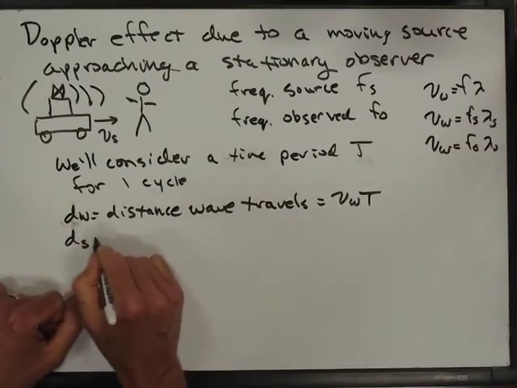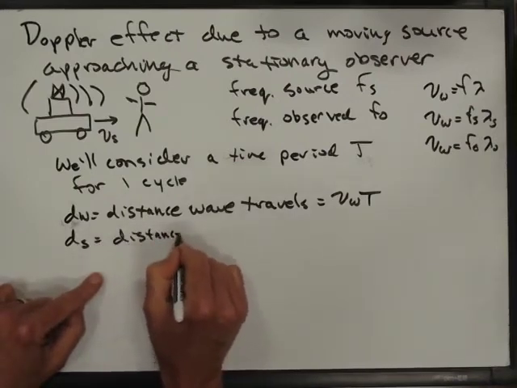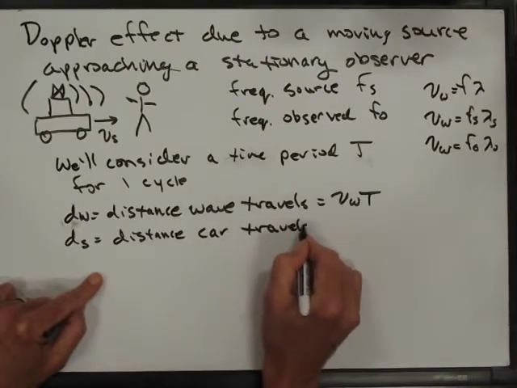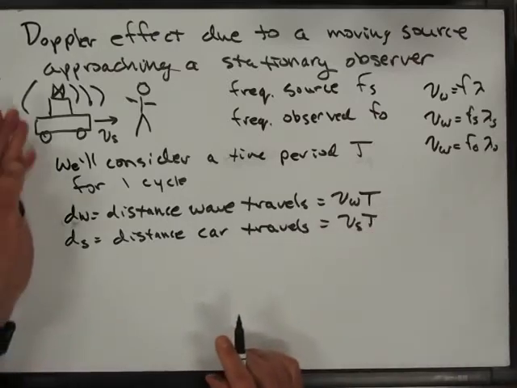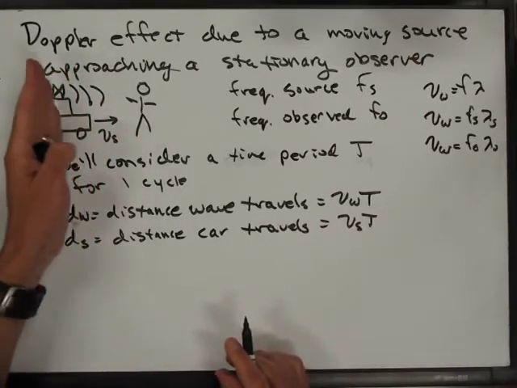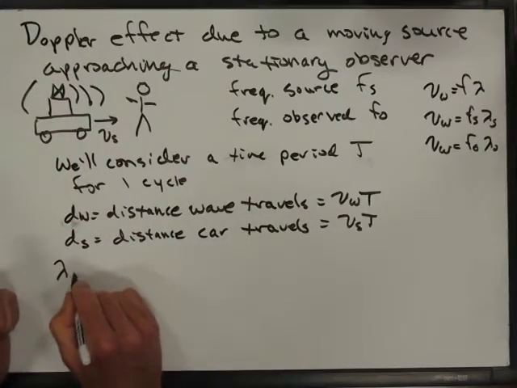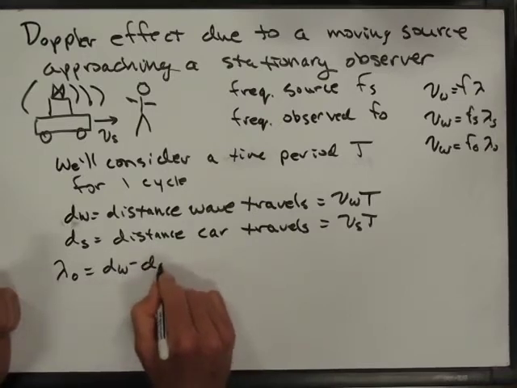The distance the source travels, which is the car, is the velocity of the source times the time. And so the wave moves, but the car is catching up to it as it's getting ready to emit the next wave. And so the wavelength observed is just the distance the wave travels minus the distance the source travels.